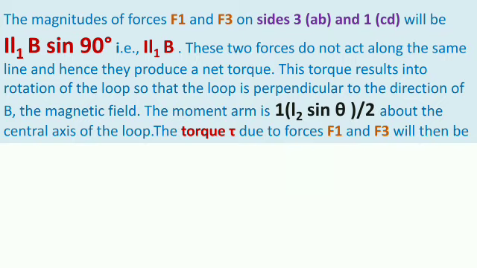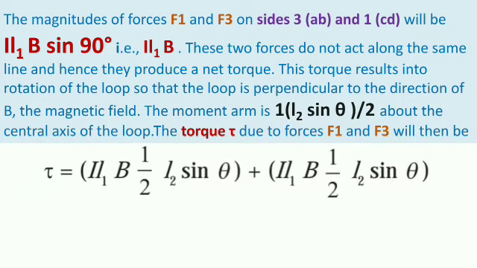Now sine theta is 1 here, so the force is I L1 B. These two forces do not act along the same line, and hence they produce a net torque. This torque results in rotation of the loop so that the loop becomes perpendicular to the direction of vector B, that is the magnetic field.